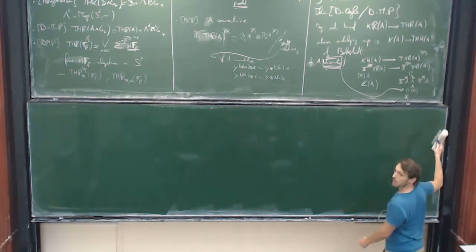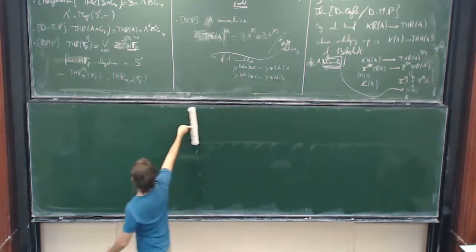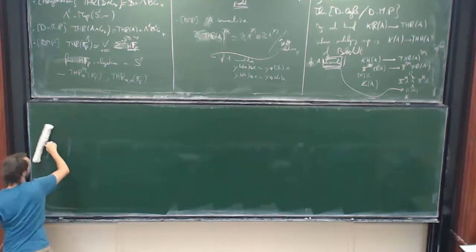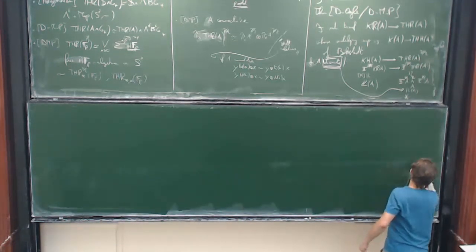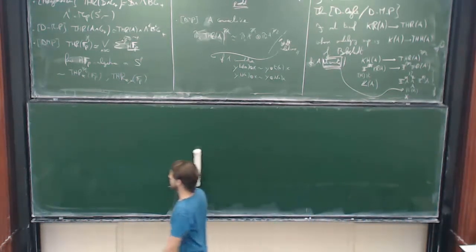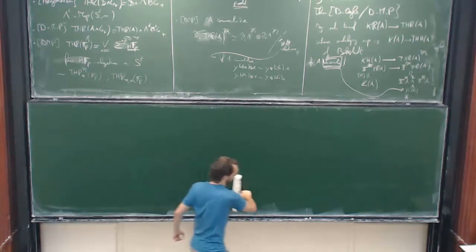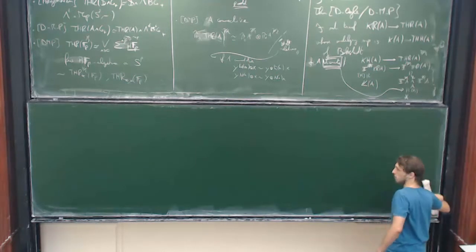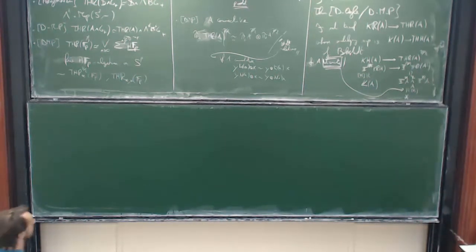So maybe let me start by giving you a little taste, to show you that at least in some cases the trace is interesting, even on fixed points. Because so far I only showed you 0. So here's the theorem.